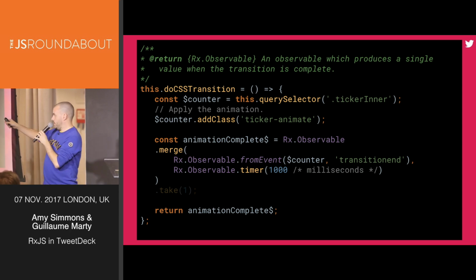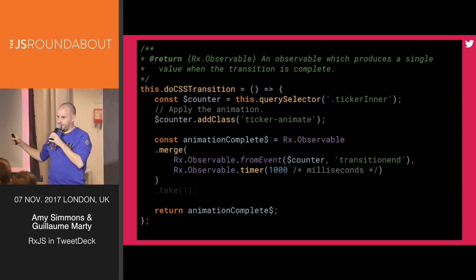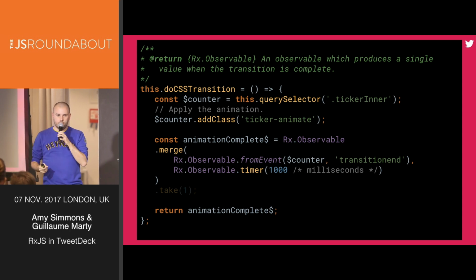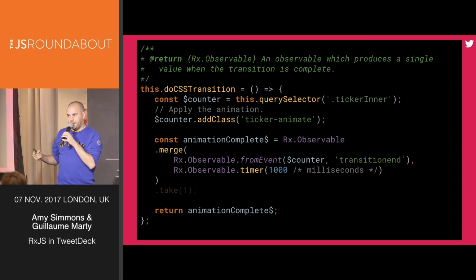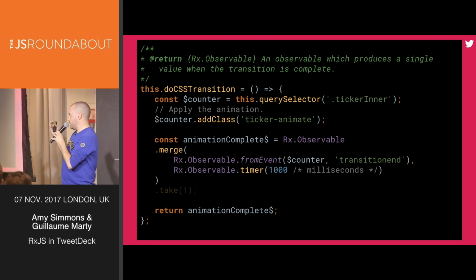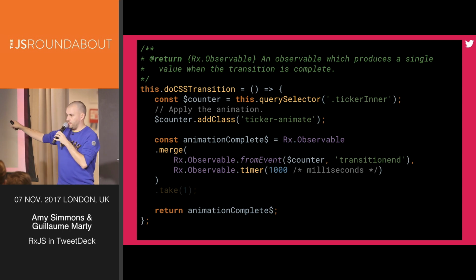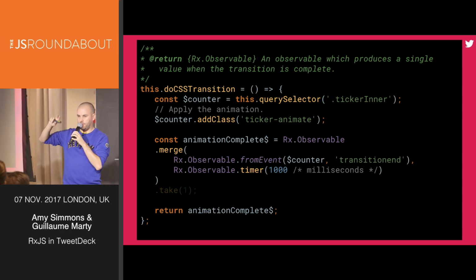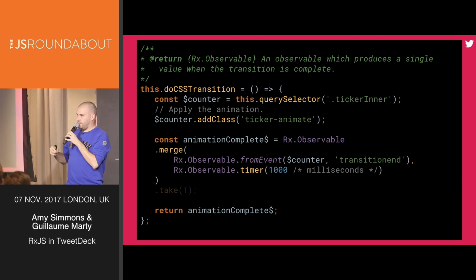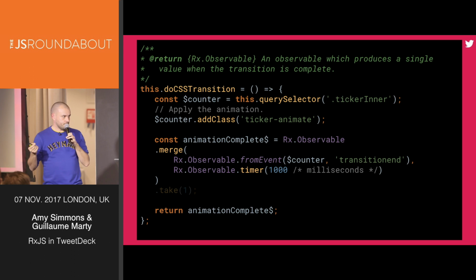So when we add the class ticker-animate to this particular DOM element, I suppose this class has a CSS transition property, and whenever the transition finishes, the event emits transitionend. So we just create an observable out of this DOM event. The other observable is a timer that emits every 1 second.